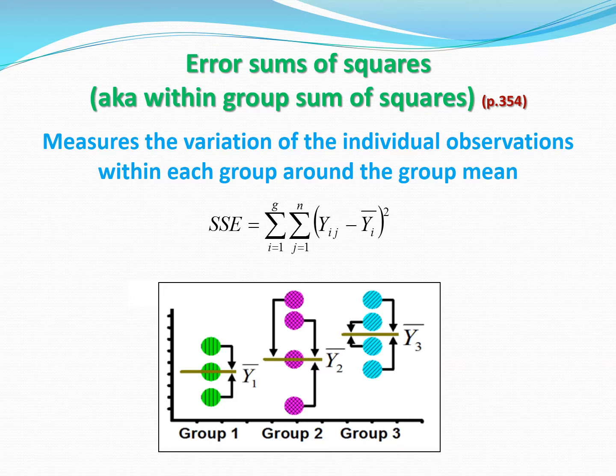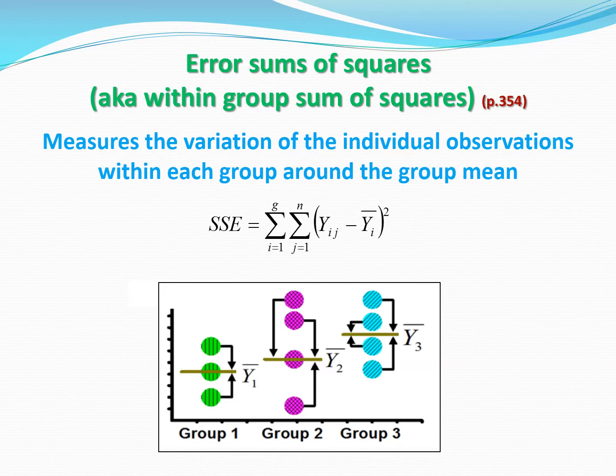So visually, it looks at the differences between the individual values within each group and the mean for that group. Also, for the second group, the individual data observations and the group mean, and then for the last group, the difference between all the individual data observations within that group and the group mean.